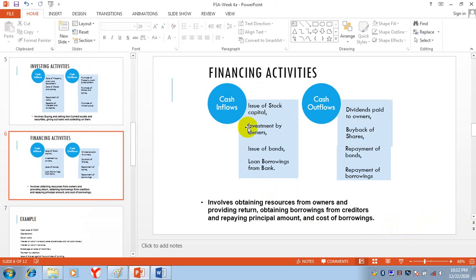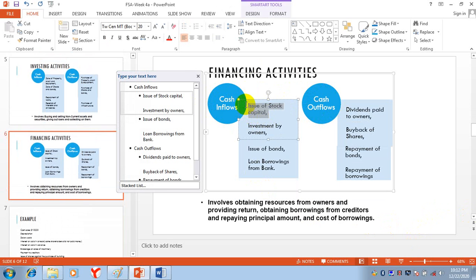The third thing is financing activities. So in financing activities, there will be cash inflow, there will be cash outflow. Cash inflow will be issue of stock capital. When the company will issue shares, cash will come into the business. Investment by owners, when investors invest in the business, cash will come into the business.